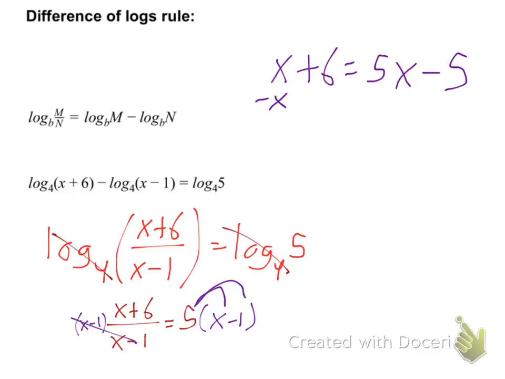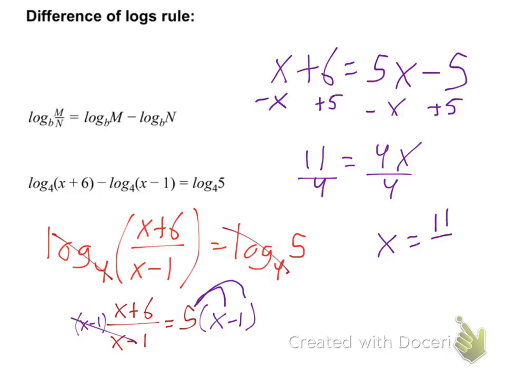Subtract x. Add 5. 11 equals 4x. Divide both sides by 4. So x is equal to 11/4. You're done.